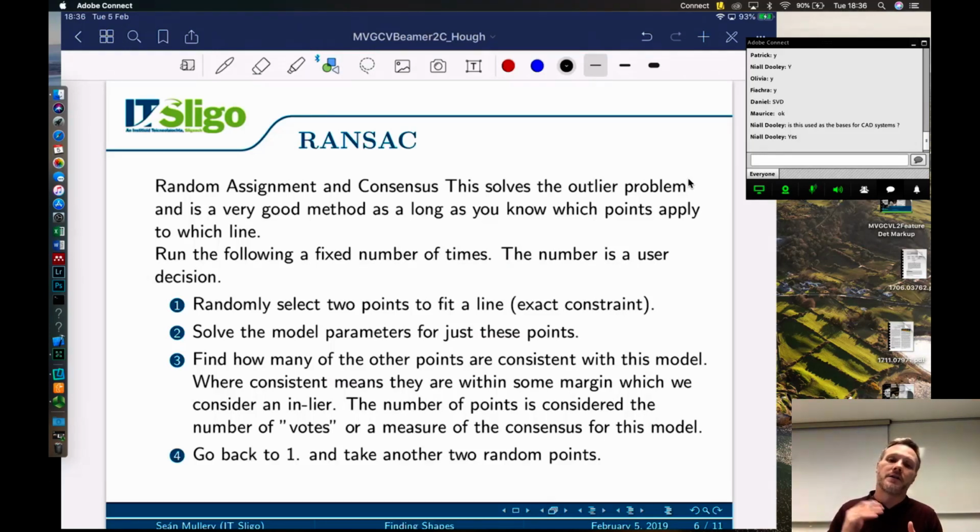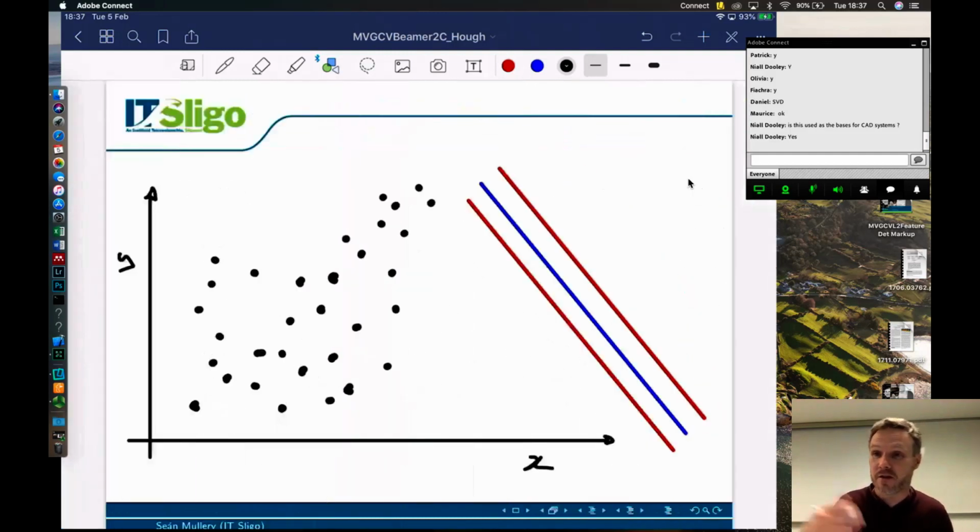That would be one of them. And the second would be how many times we're going to rerun the random algorithm in order to determine the best line. Of course, if we don't run it enough, we mightn't find the best line, and if we run it too many times, we waste time. Generally speaking, there's statistical mechanisms that can look into this and say, in the main, how will we do?